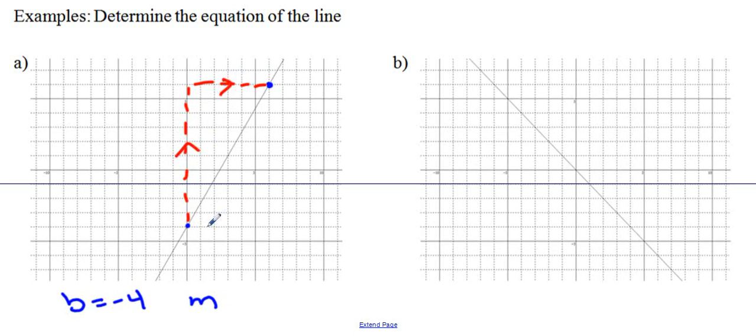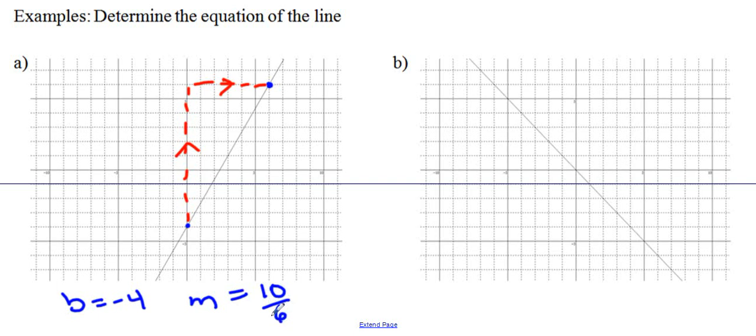So now I know that this scale is going up by ones, so I can just count the squares. 1, 2, 3, 4, 5, 6, 7, 8, 9, 10. And I'm going over 1, 2, 3, 4, 5, 6. So my slope is rise, which is 10, and run, which is 6.